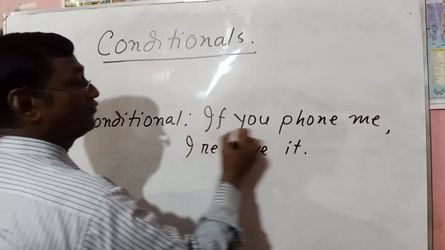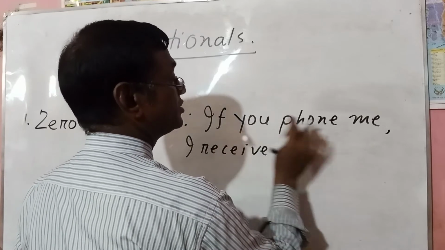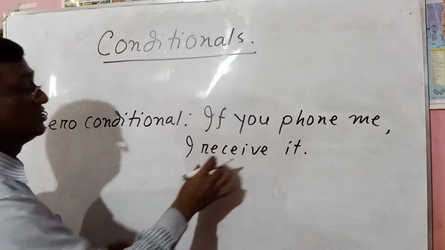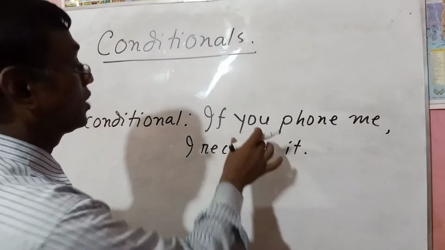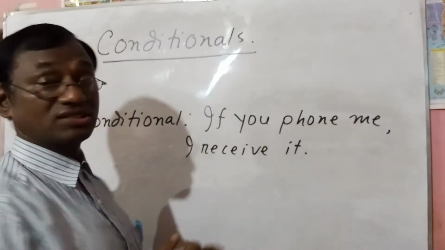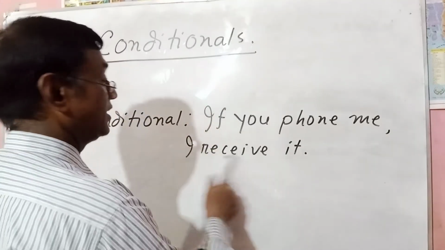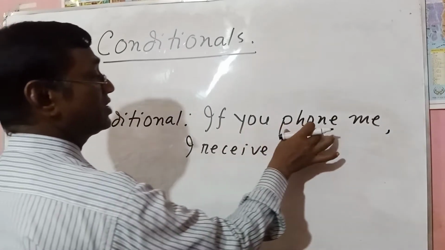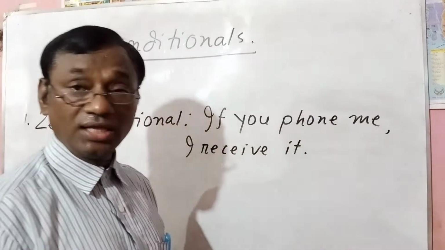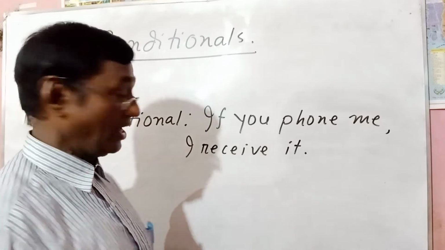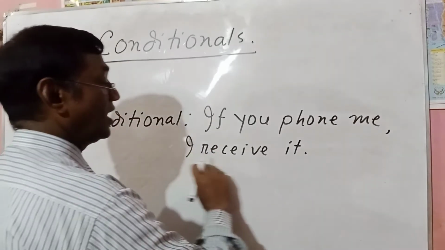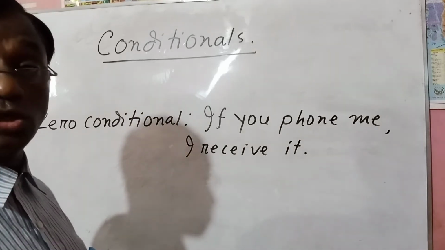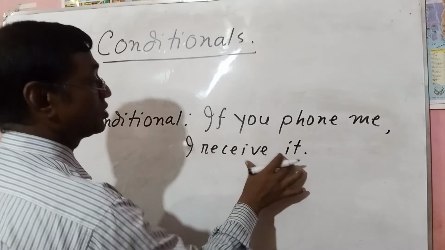If you phone me, this is the simple present, and this is the subordinate clause; this is the principal clause. There are two clauses. If you phone me is the subordinate clause, and I receive it is the principal clause. When the subordinate clause is a simple present, that means present indefinite tense, and the principal clause will be present indefinite tense or simple present. This is the zero conditional.